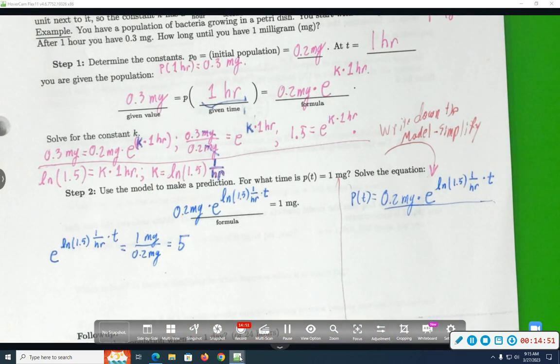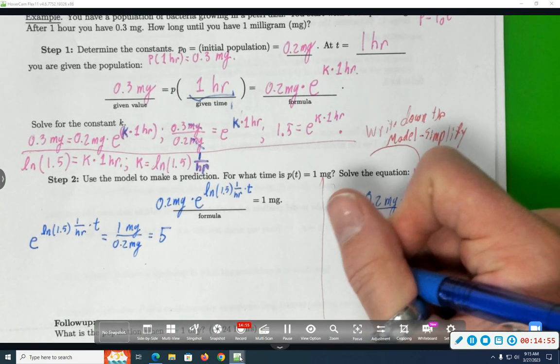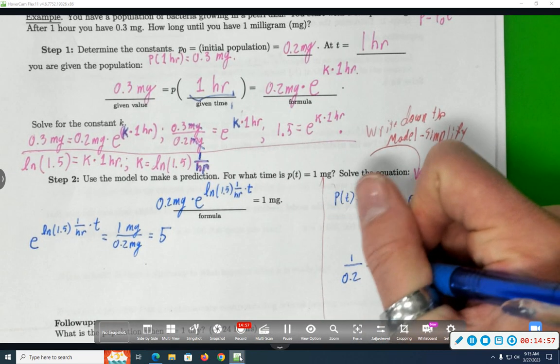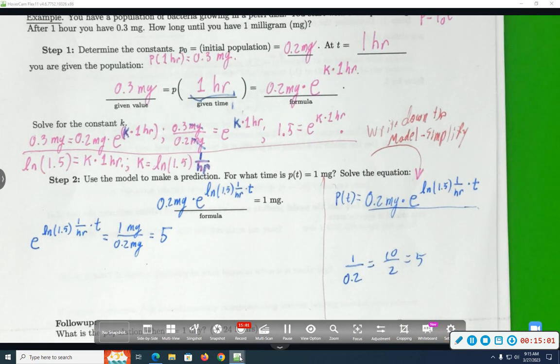Or the algorithmic way to see that would be 1 divided by 0.2, which is the same as 10 divided by 2, is 5. All right, so we have gotten rid of the 0.2. Now I see e to the ln 1.5 times 1 over an hour times time is equal to 5. So what next?